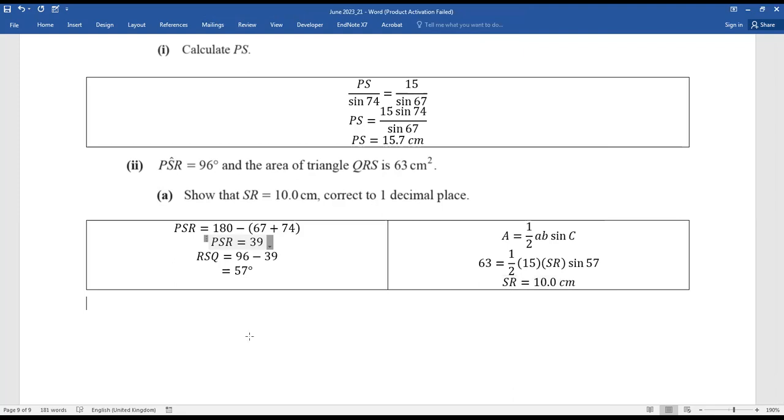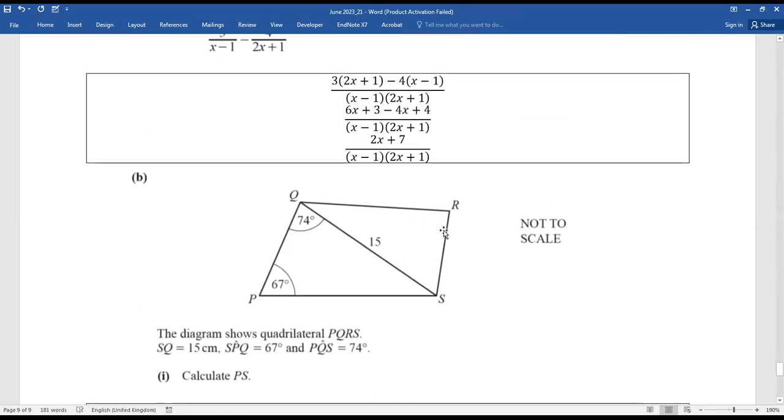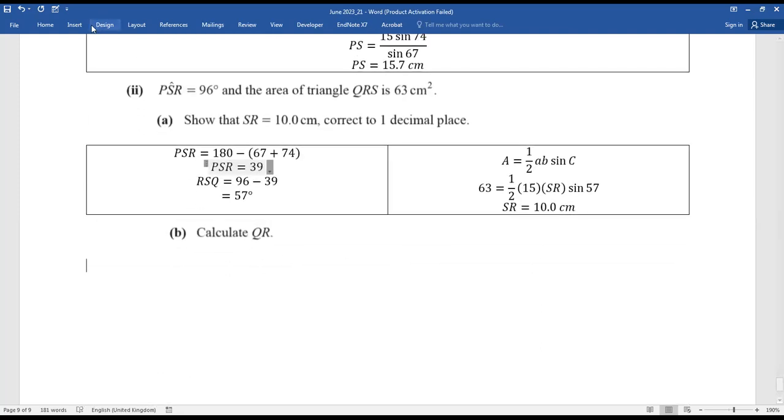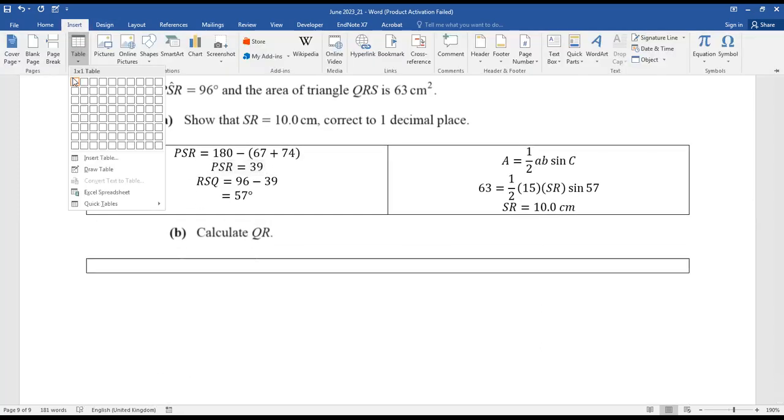Now the question asks us for QR. Now QR can be found through any particular angle. We have the angle S. We'll apply the cosine rule. We need to find side s.